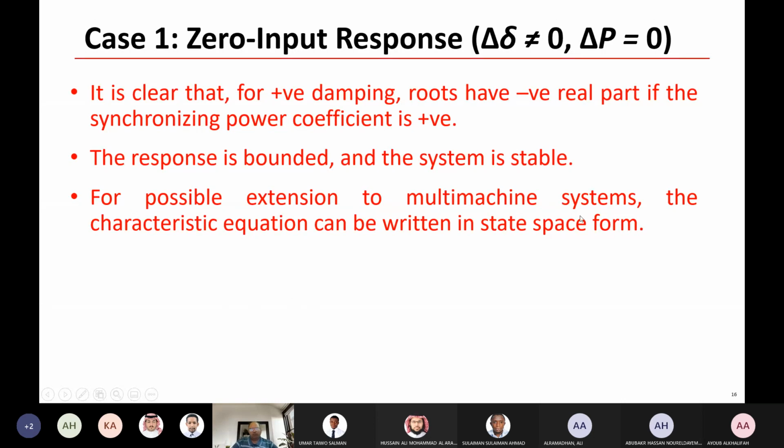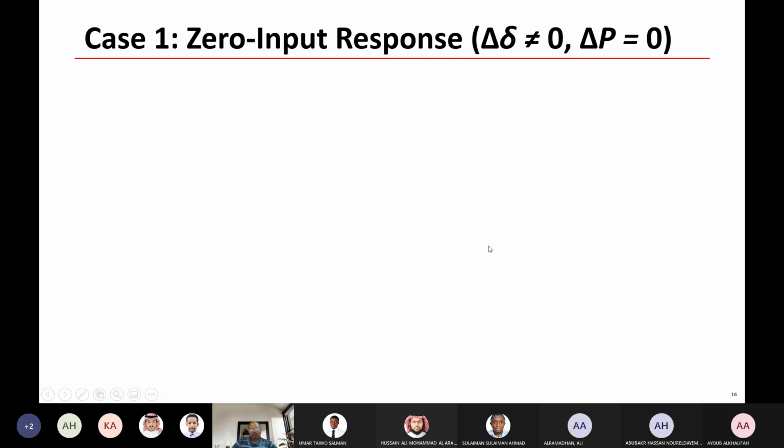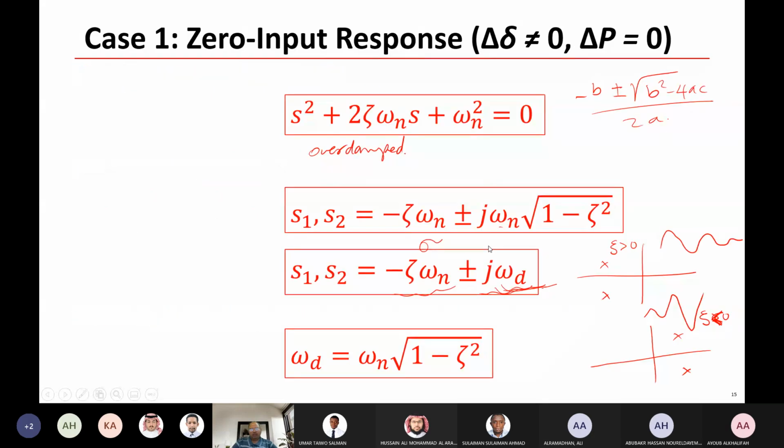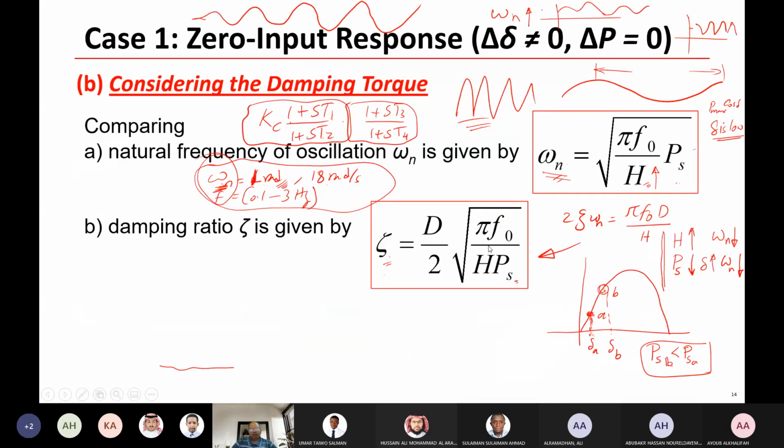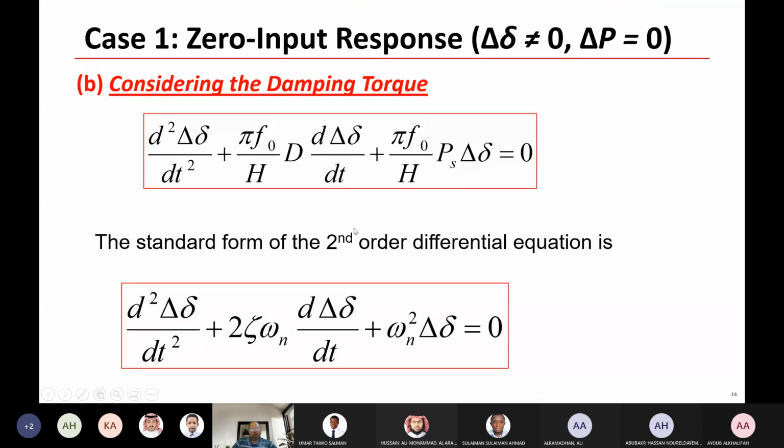For possible extension to a multi-machine system, usually we use the matrix form. We put the characteristic equation in matrix format or in state space form. As we mentioned earlier, with this characteristic equation, you can write it in two first order differential equations.